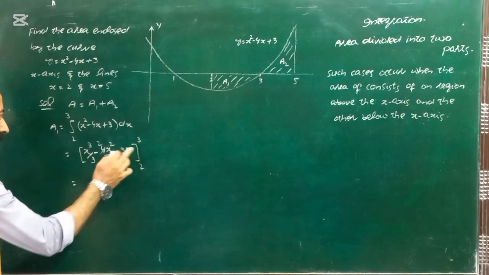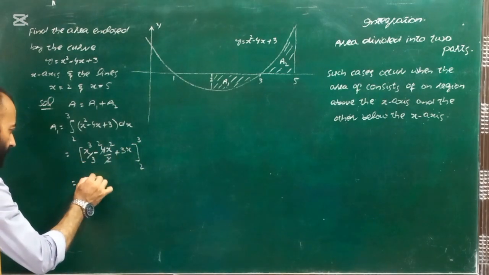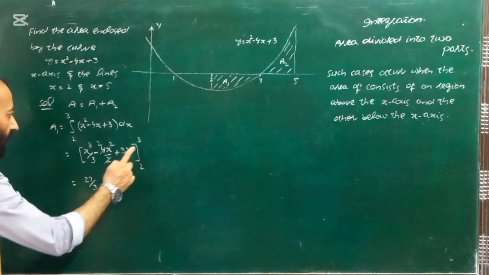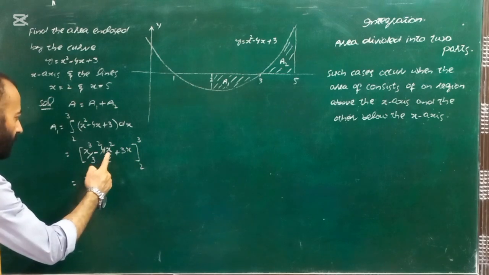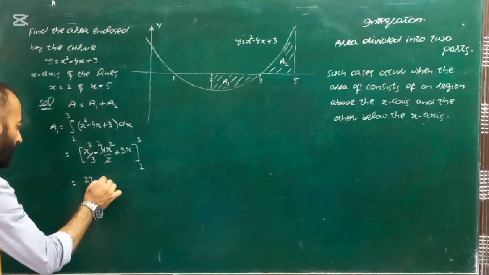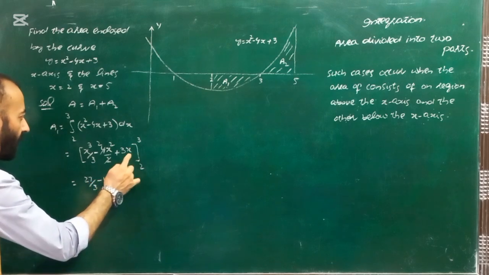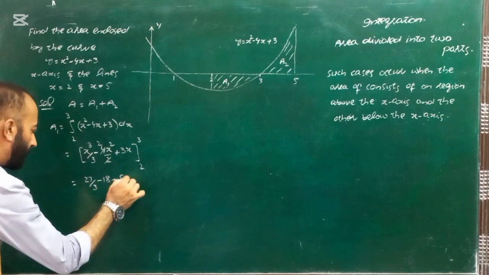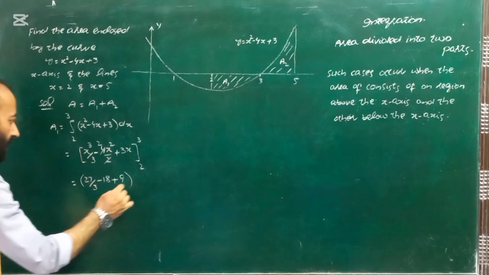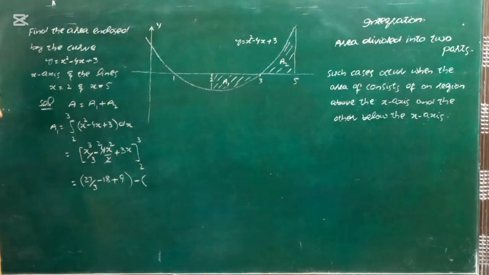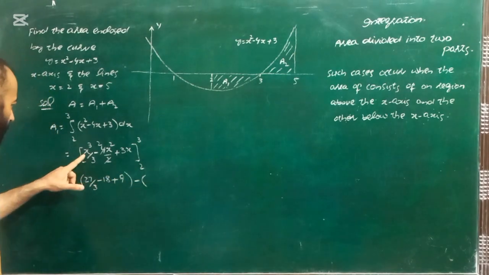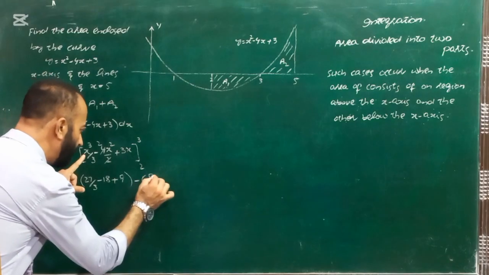So look now, 27 over 3, when 3 will be placed here, 9 twos are 18, and plus 9, minus lower limit. So 2 raised to power 3 will be 8 by 3.